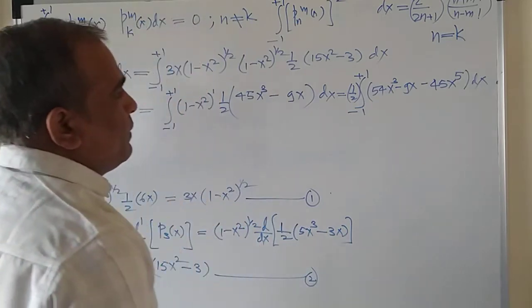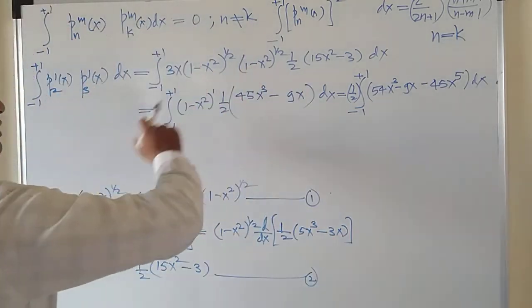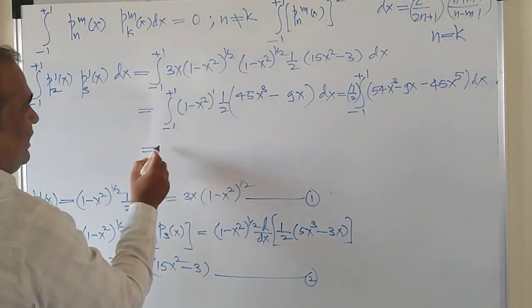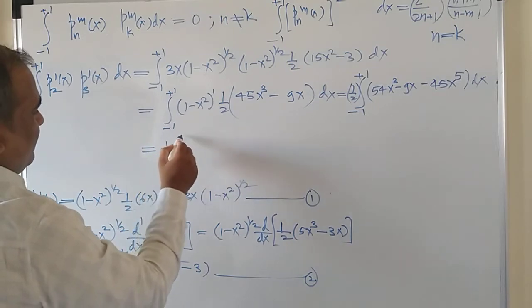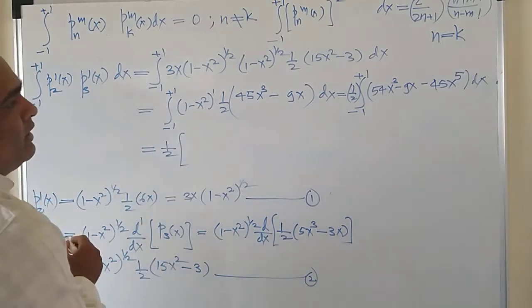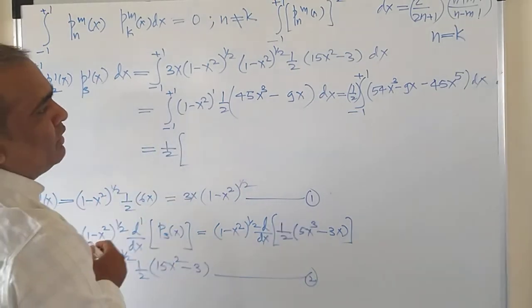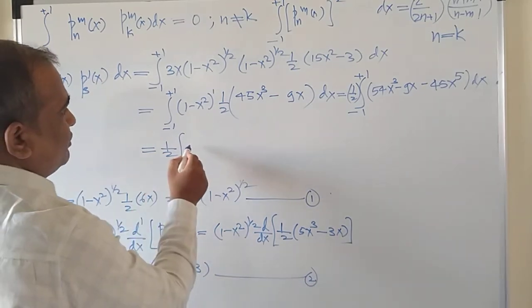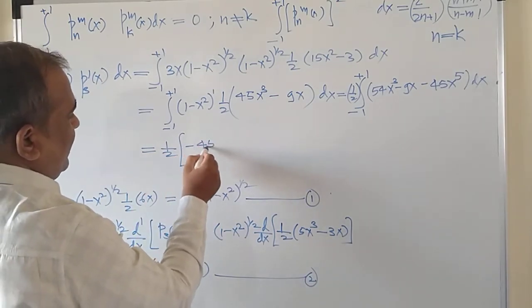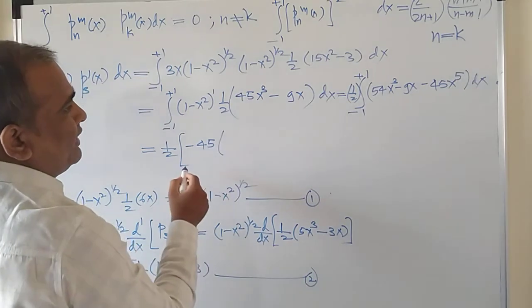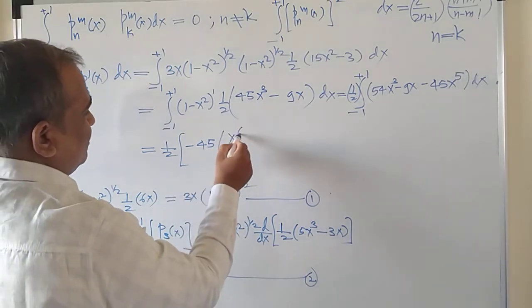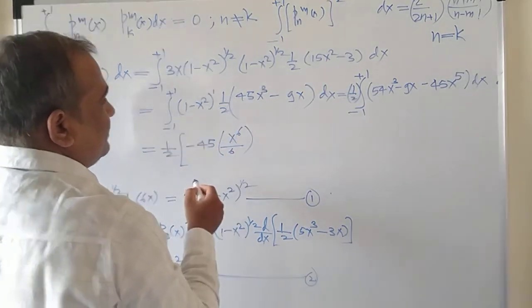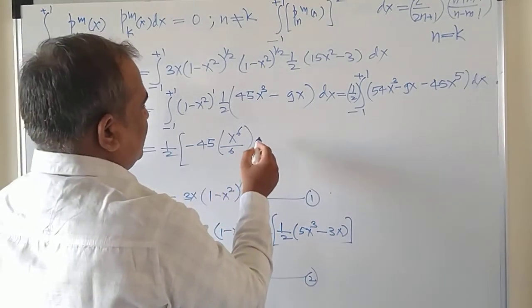We got this, right? And if you take its integral, 1/2 will be as it is, and integral of -45 x raised to 5 will be -45 as a constant, and integral of x raised to 5 is x raised to 6 by 6, right?